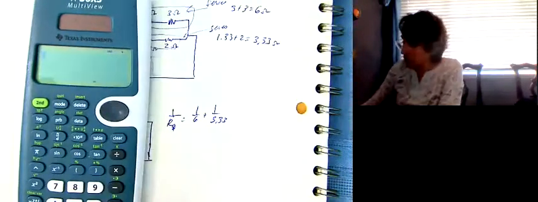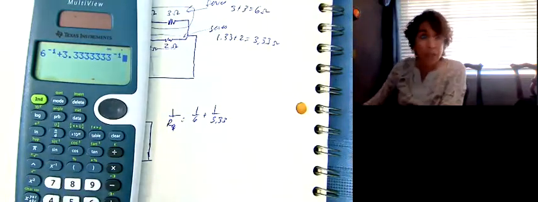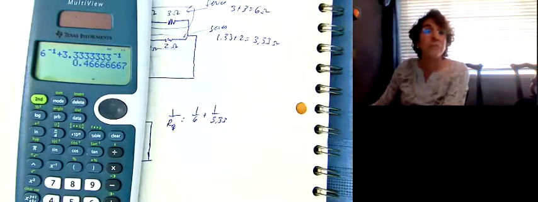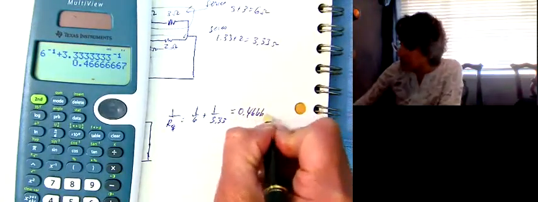All right, so let's figure that out. I'll leave it as 4/3, see if that helps. Well, let's just use 6, invert that, plus 3.333333, invert that. There we go. So this ends up being 0.466667.